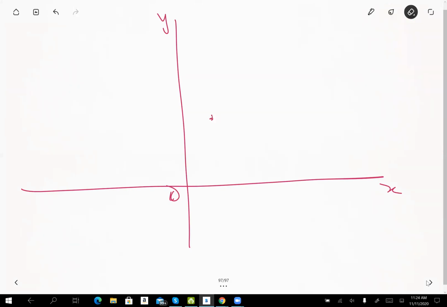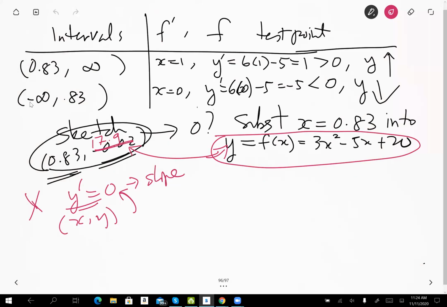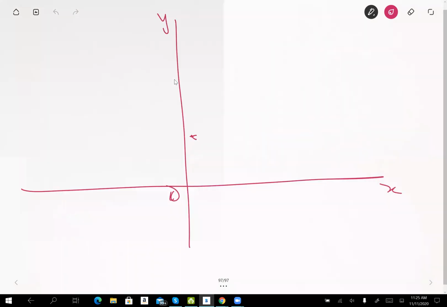Now if you look at the table again, for the interval from negative infinity to 0.83, the derivative is negative, so the function is decreasing. For the interval 0.83 to infinity, the derivative is positive, so the function is increasing. So you can sketch the graph.